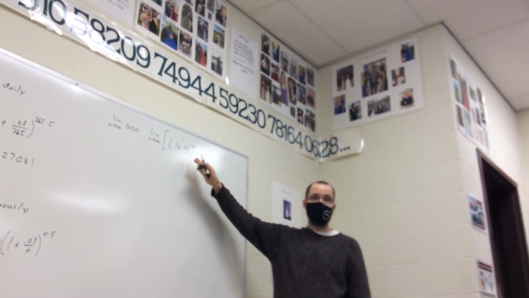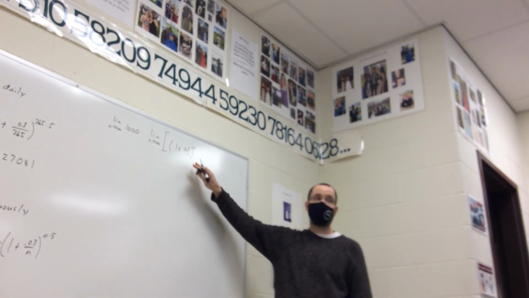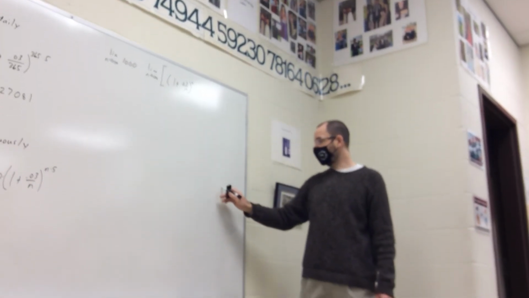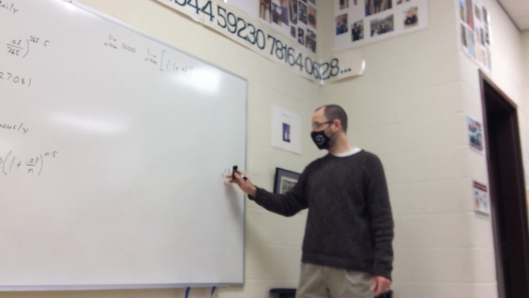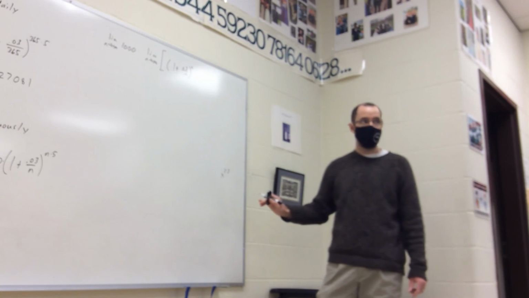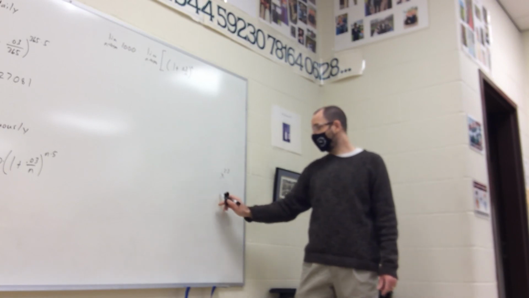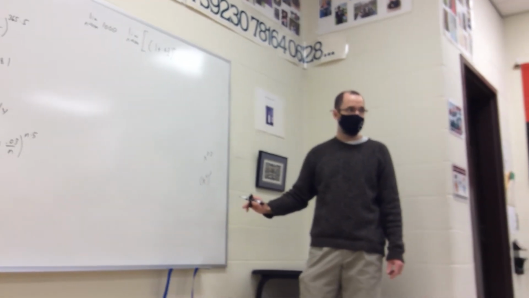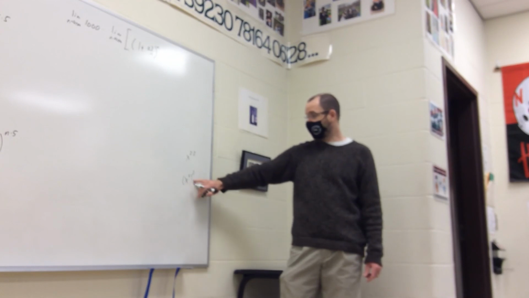I'm going to include the 5 in just a second, but I'm pausing for a reason. So recall that if you have x to the 2 times 3 power, that's of course x to the 6th, right? You could write that as x to the 2nd to the 3rd. This is a situation where you multiply exponents.